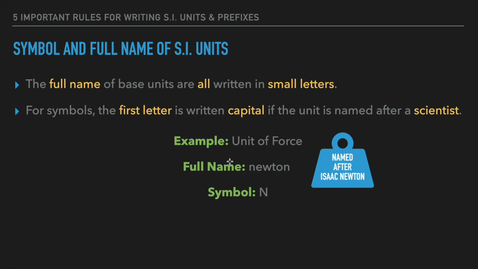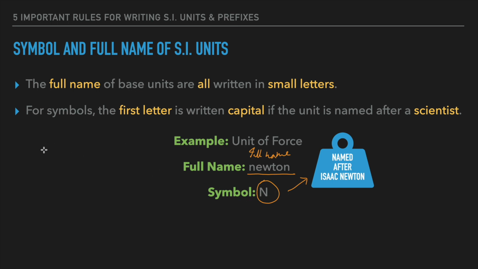For example, the SI unit of force has the full name newton, and its symbol is written N. Its symbol is written capital because it's named after Isaac Newton. So that's why the symbol is N.